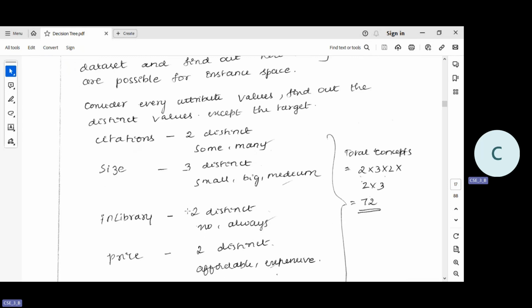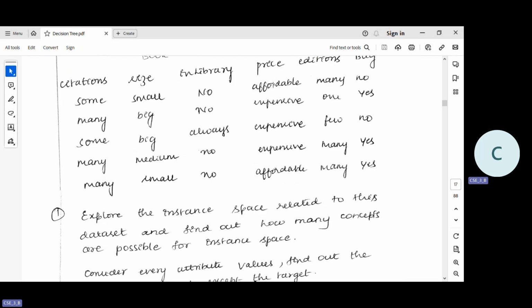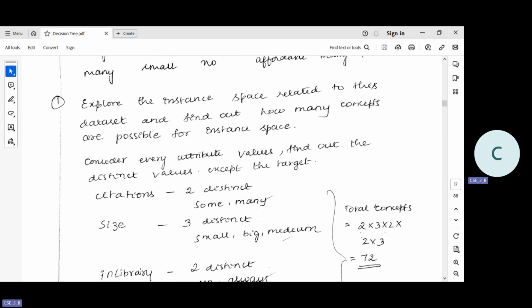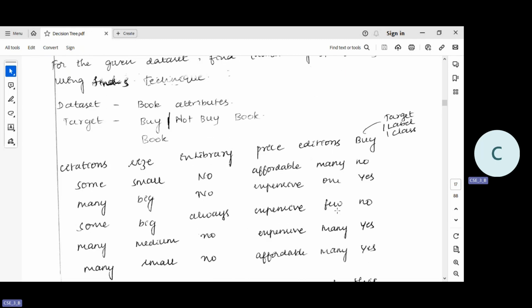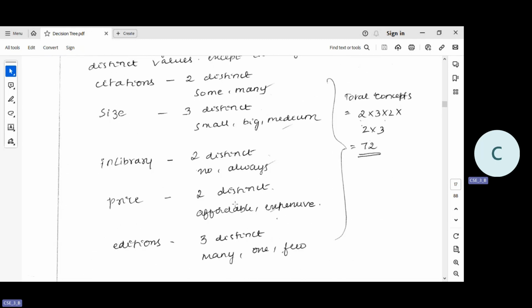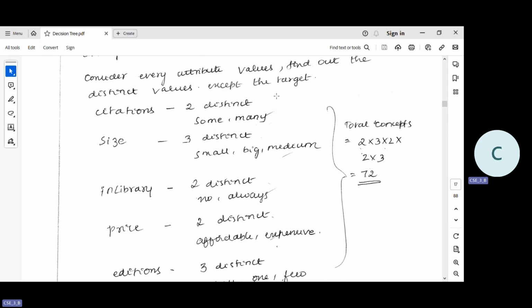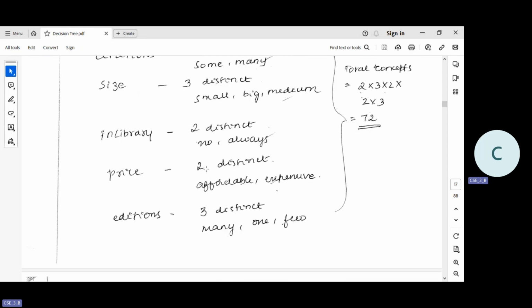Price has two distinct values, affordable and expensive. Editions has three distinct values: many, one and few. We leave out the target concept and find the total concepts by multiplying the distinct values of each attribute: 2 into 3 into 2 into 2 into 3.